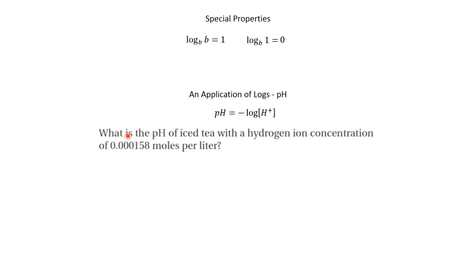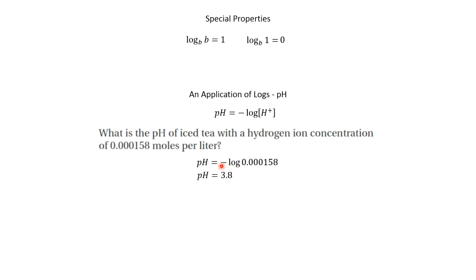So, an example: What is the pH of iced tea with a hydrogen ion concentration of 0.000158 moles per liter? Here's that number. We're just going to take the log of this in our calculator. So we plug it in, take the log of it in our calculator to get negative 3.8 something something something.